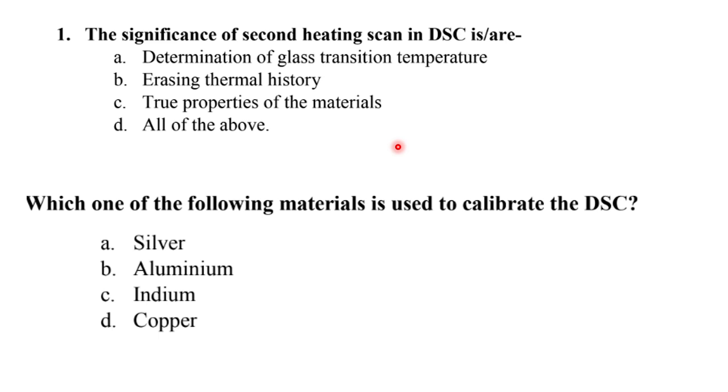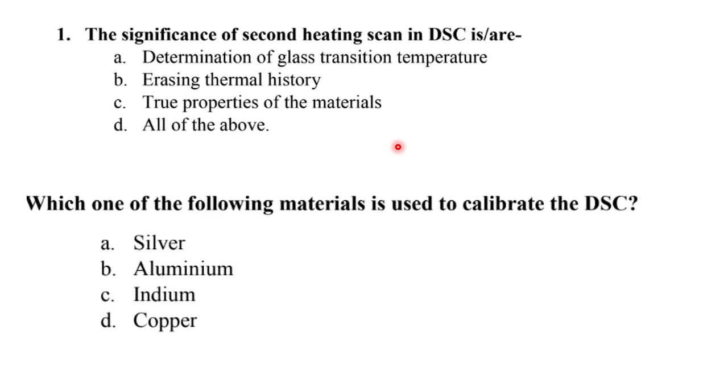So what is the third cycle? First, you preheat the sample from the starting temperature to the end temperature, then again cool it from the final temperature to the starting temperature. So these are the two cycles. After that, when you are heating it from the beginning, you will get that cycle data.